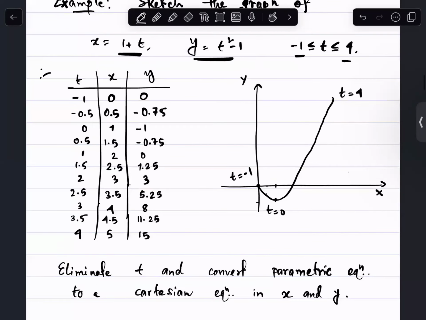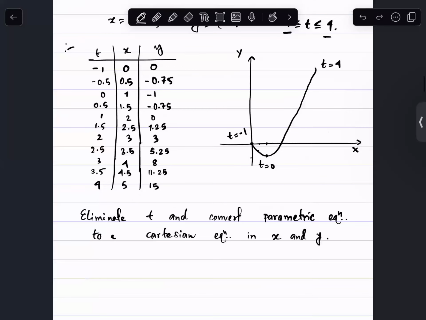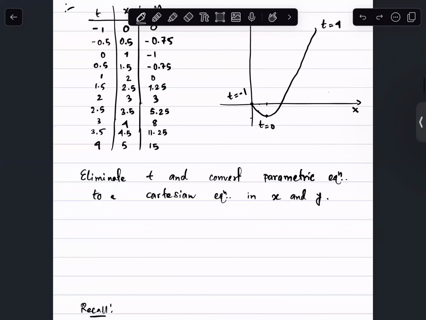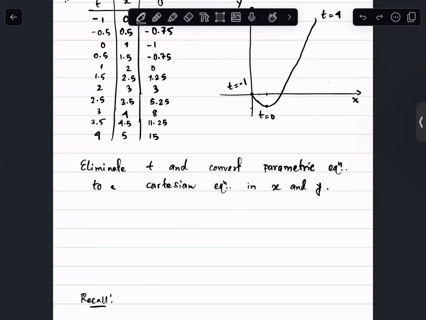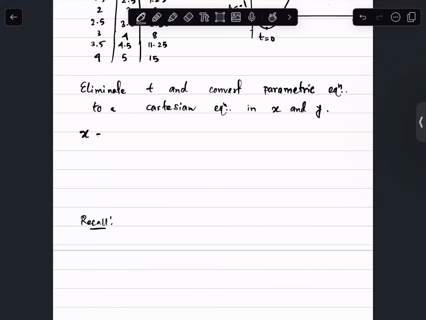Now, this graph is kind of familiar to us, but to see the full picture, we need to convert this parametric equation into our very well-known equation involving x and y. For that, we need to eliminate t and convert the parametric equation into a Cartesian equation in x and y. I know that x is 1 plus t and y is t squared minus 1.